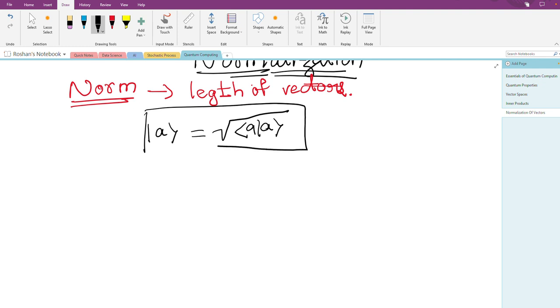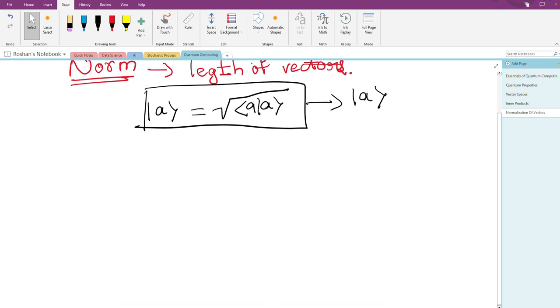If you find this value, then it is the length of our vector a. It looks different and difficult, but when you really apply this and solve a numerical, it looks very easy. To make it simple, I'll take an example and solve it.